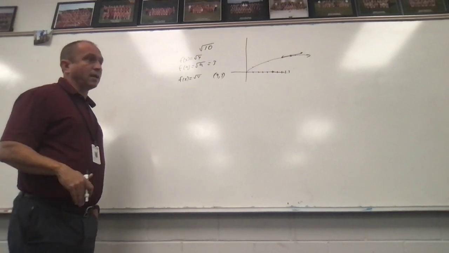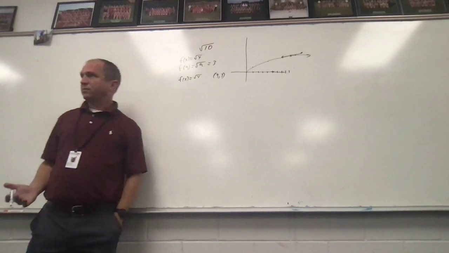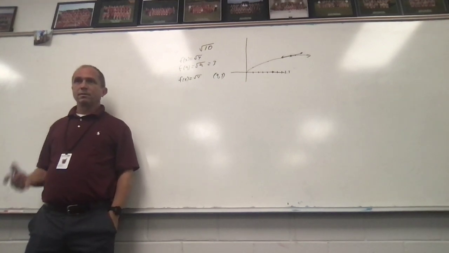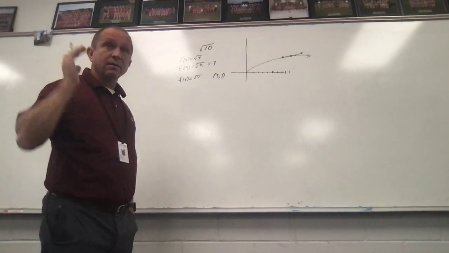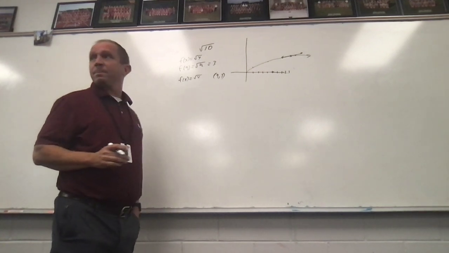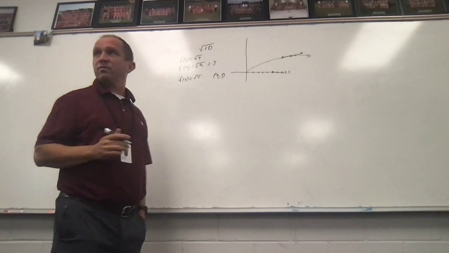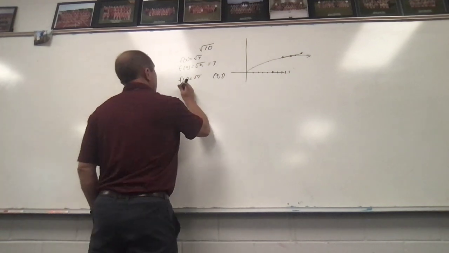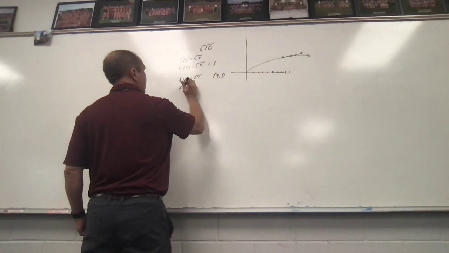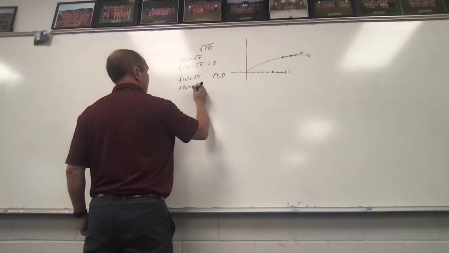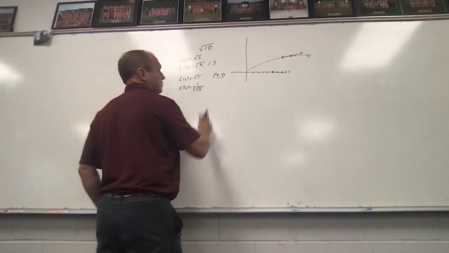Well, we're in calculus class, so what comes to mind when you think of slope? Derivative, yes. So if I have f of x equals the square root of x, then f prime of x, and we've done this several times, is 1 over 2 square roots of x.